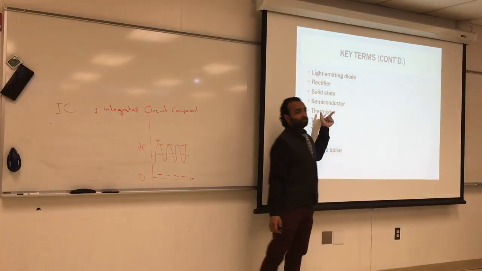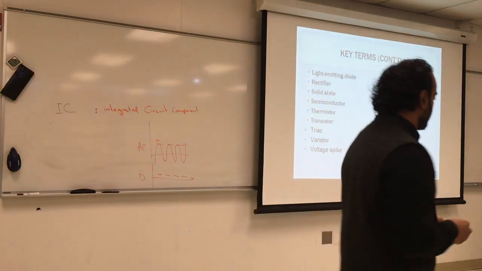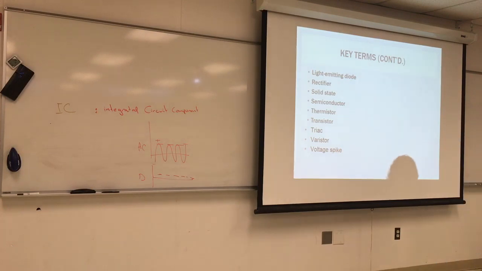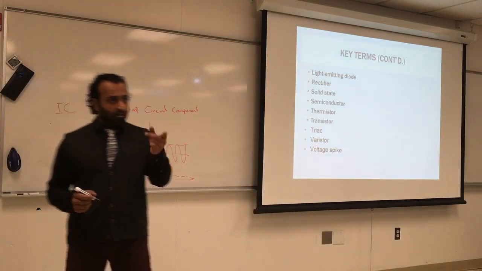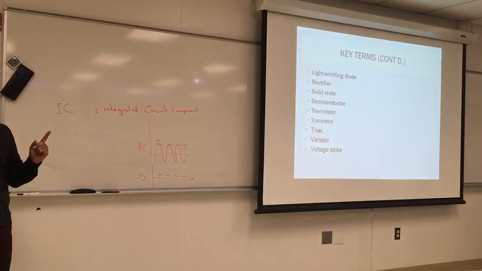What's a semiconductor? We talked about conductors and insulators. What is a semiconductor? Layered materials that make an effect by putting electricity to it. That's actually very close. Put electricity to it, and the layer changes and produces an effect on the outside.